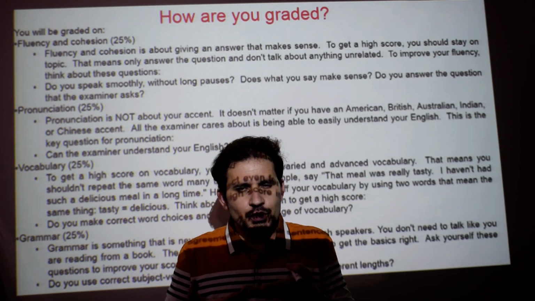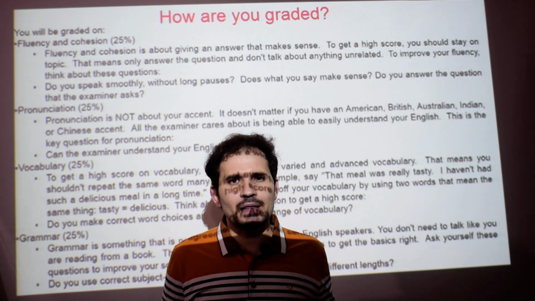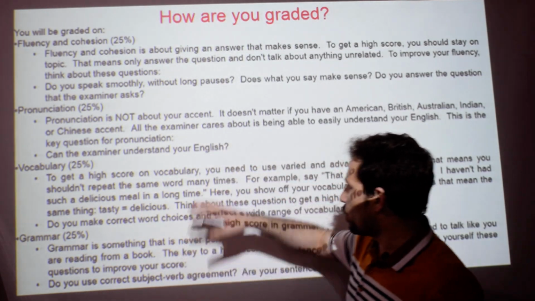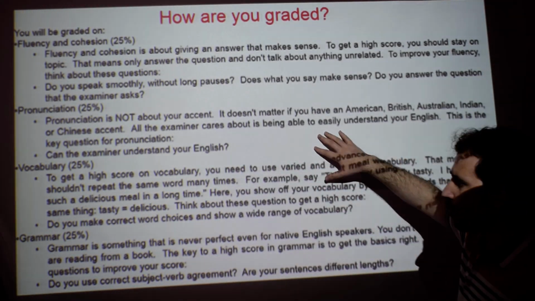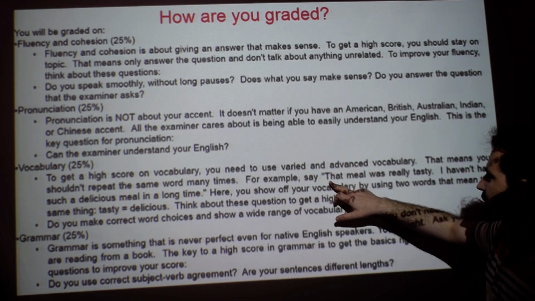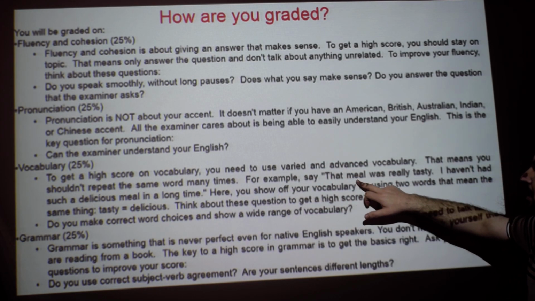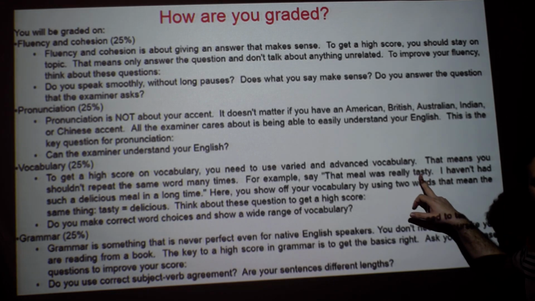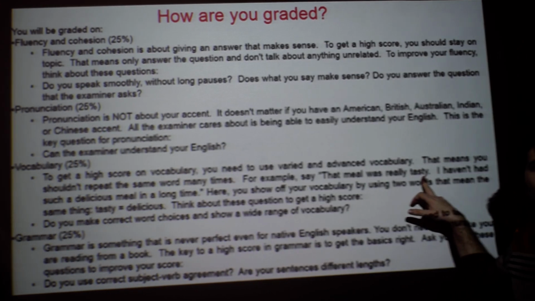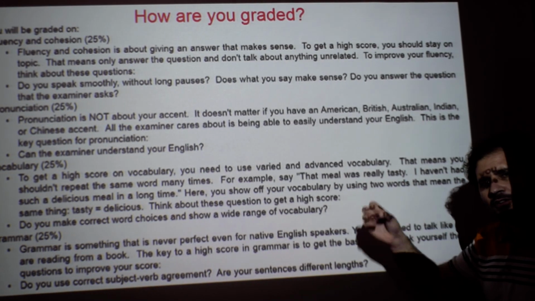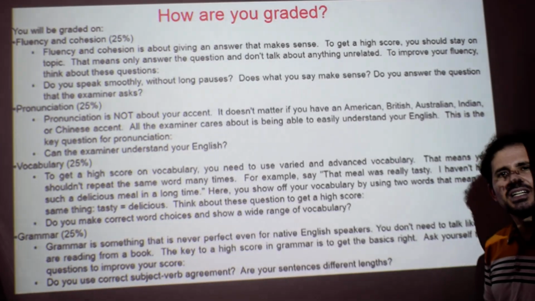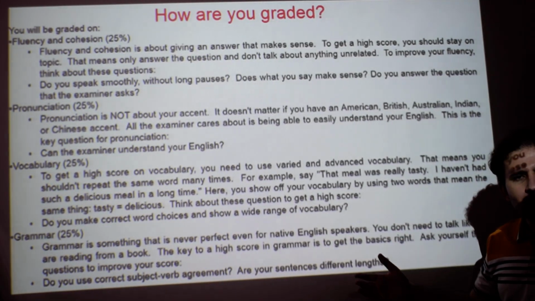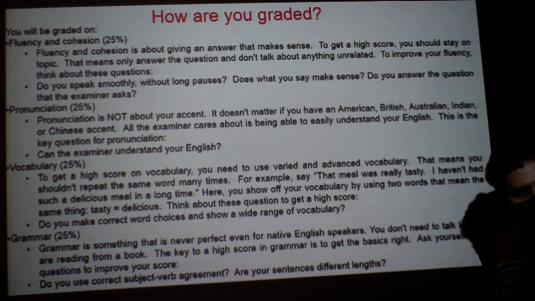For example, what I have written over here for all of you: if I say that the meal was really tasty, I have used the word tasty once. If you use the word tasty again, it means your vocabulary is not of a wide range.